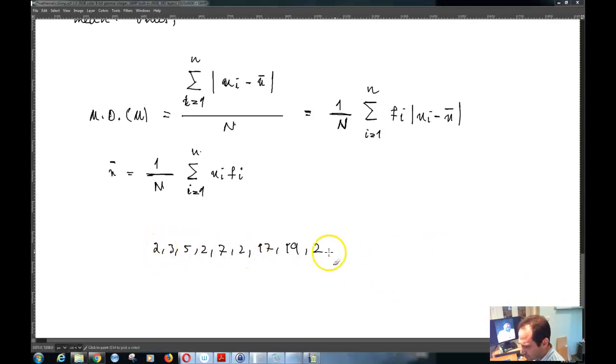Suppose you calculate x bar using this formula here, so that's no problem.